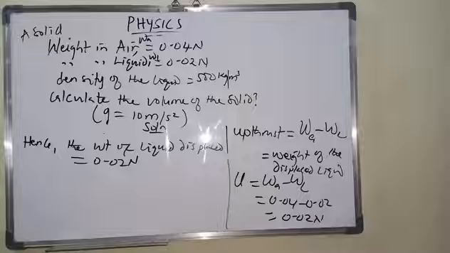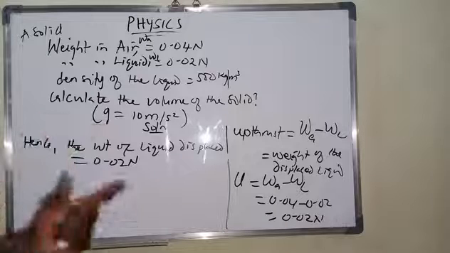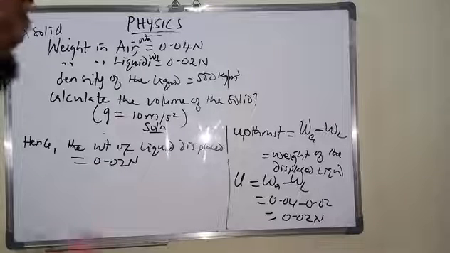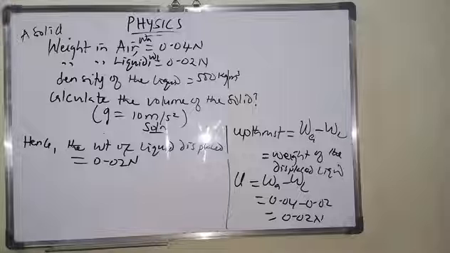So if you're able to get the volume of the liquid displaced, then that also gives us the volume of the solid, because by the principle of Archimedes, when the solid is immersed in a liquid, it displaces its own volume of the liquid. So the volume of the liquid will be equal to its own volume.